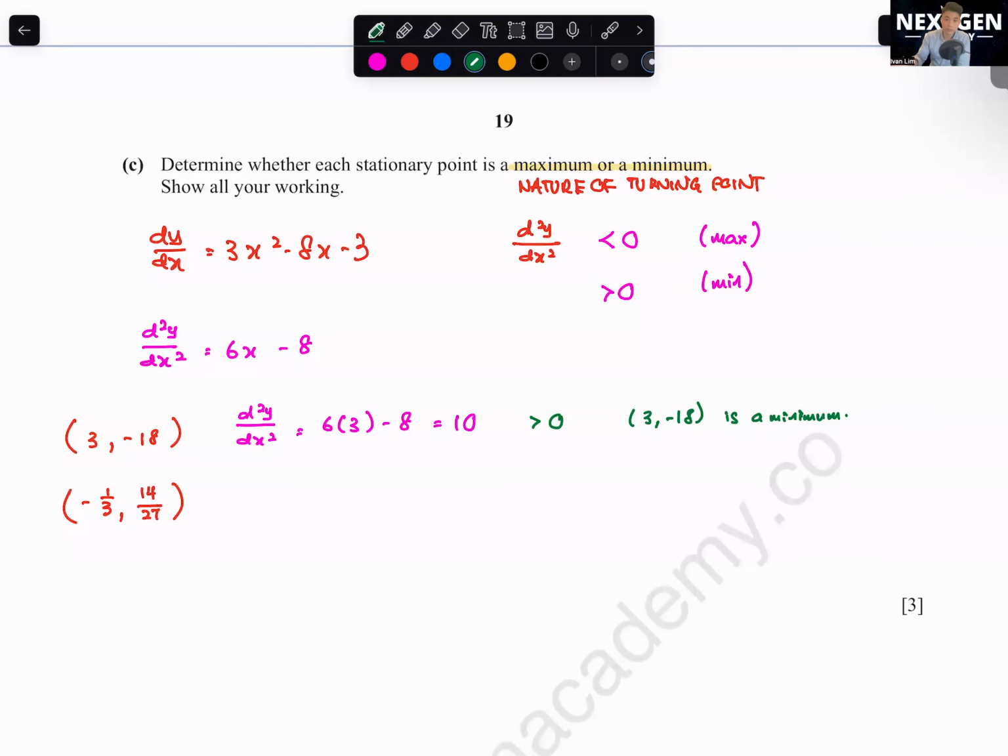More than 0 means minimum. Check the same thing again for here. This one will be 6 times negative 1 over 3 minus 8. You'll get minus 10 here. Minus 10 is less than 0. So this point is a maximum.